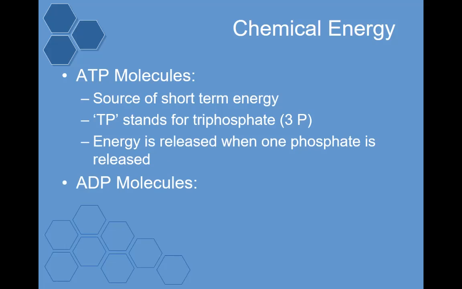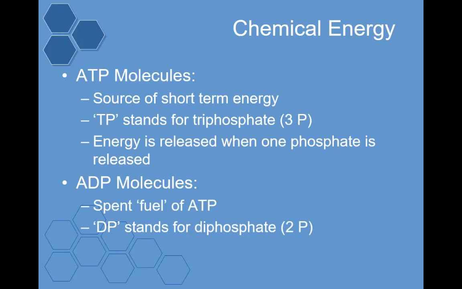Now you've got to think of this kind of like the spent fuel. Okay. So we have energy still stored in there, especially in the bond between the first and second phosphate group, but it's not as easy to get at and has a higher activation energy in order to release. In this case, the DP stands for diphosphate, so we'll have two phosphate groups instead of the three we see with ATP.